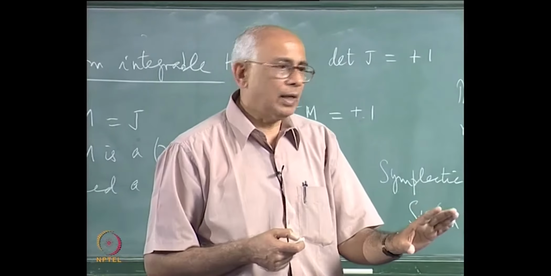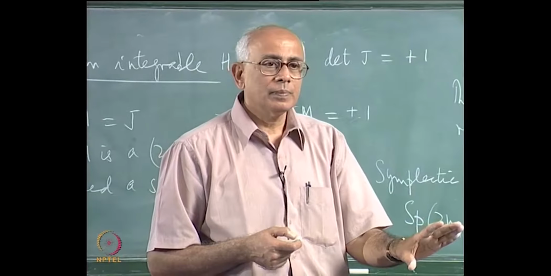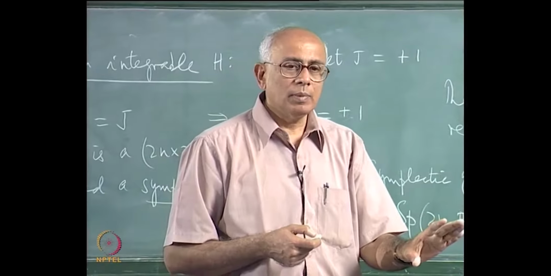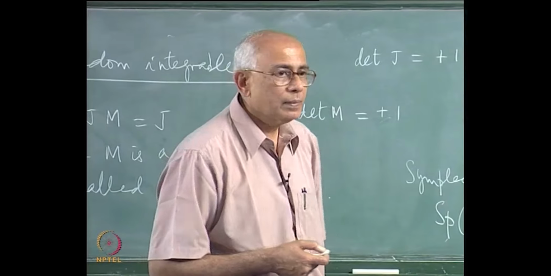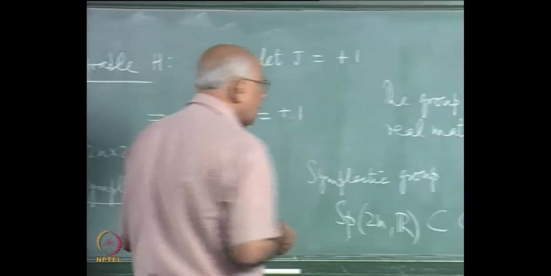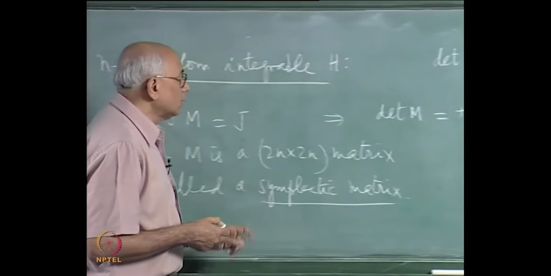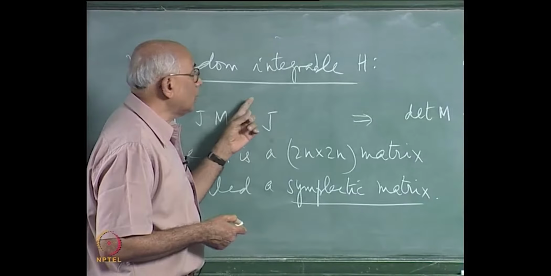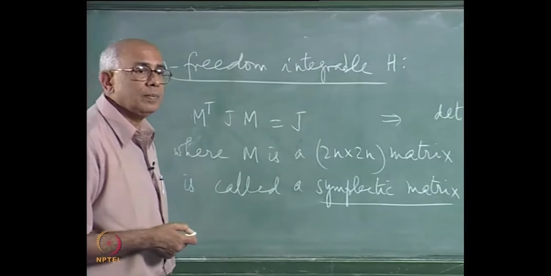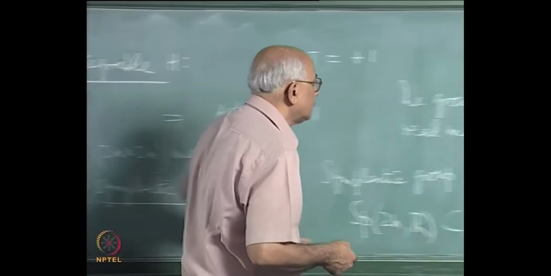That is what I would call a dynamical symmetry of a system. The full set of solutions of the dynamical equations must remain unchanged. If I accept that, then it is easy to see what I mean by the dynamical symmetry group of a Hamiltonian system, and let us write that down.